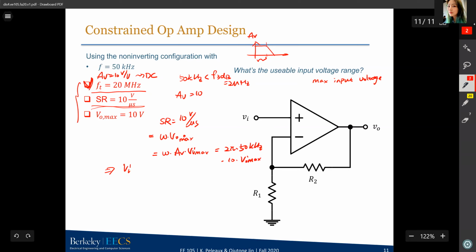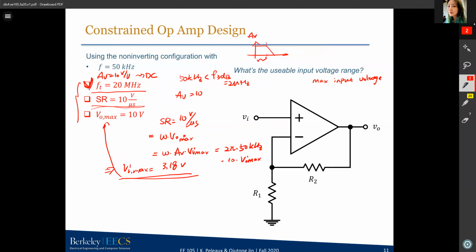By considering only your slew rate, your maximum input voltage is 3.18 volts. Just using slew rate, I got this result, and I have to put it back to the other constraint to check if it is satisfied or not. If I have VI equal to 3.18 volts, I want to check my VL max.